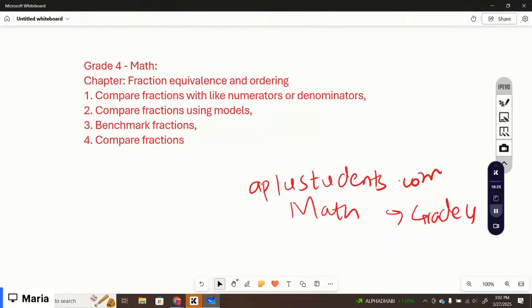There you can find a list of the chapters. We're going to start with the chapter fractions, equivalence, and ordering. The lessons we're going to cover today are compare fractions with like numerators or denominators, compare fractions using models, benchmark fractions, and compare fractions.